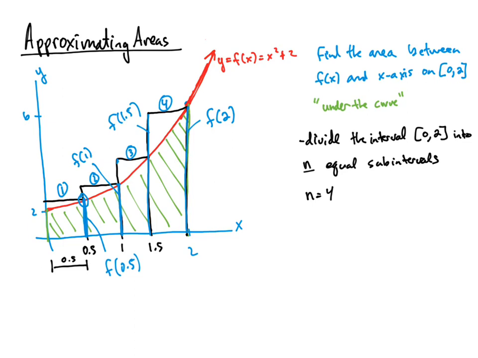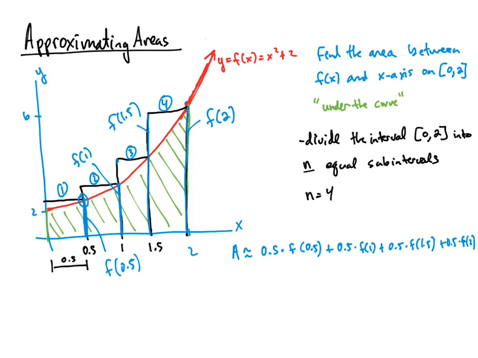I think we have enough information in order to find an approximate area under the curve here. So the area is going to be equal to the sum of the areas of these 4 rectangles. The first rectangle is 0.5 times f of 0.5, plus the width 0.5 times f of 1, plus 0.5 times f of 1.5, plus 0.5 times f of 2.